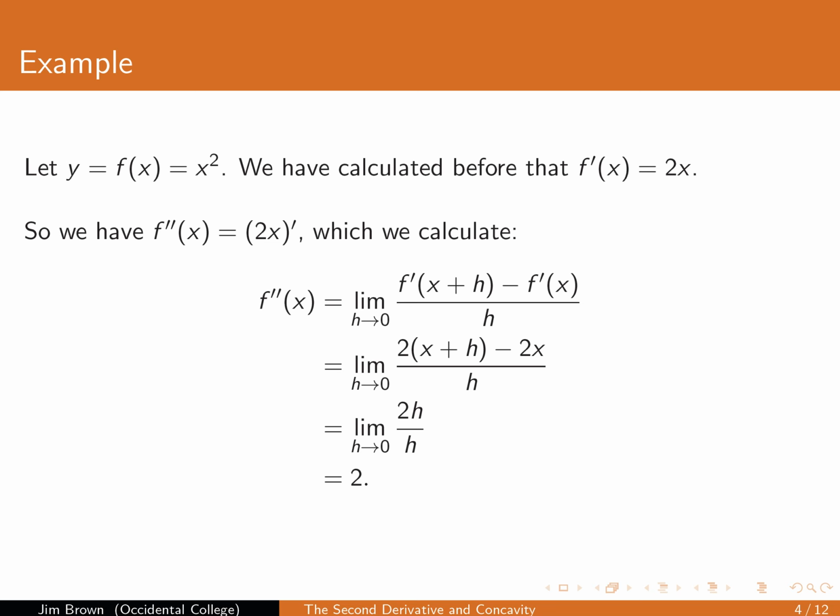And now our function f prime is 2 times x. So when I plug in x plus h, it's just 2 times x plus h minus 2x. If we distribute that 2 through, we'll have 2x plus 2h minus 2x. Those 2x's cancel. So we just get 2h over h, which is just 2. So the second derivative of x squared is just 2.